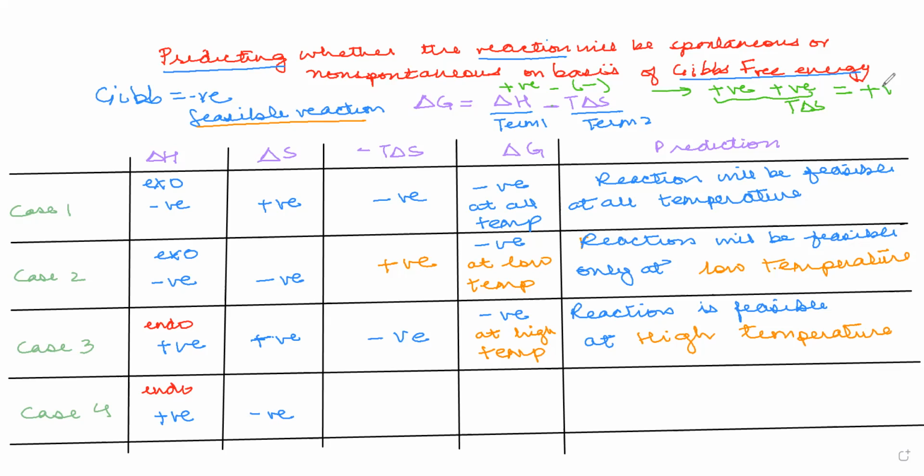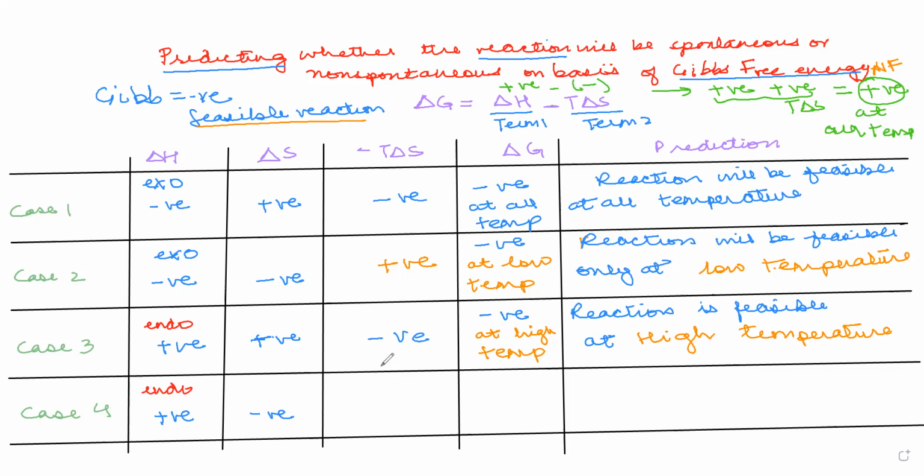Okay, so it's going to be a positive value at all temperatures, no matter it's a high temperature or a low temperature. Your Gibbs will be a positive value in every condition. If Gibbs is a positive value in every condition, then basically your reaction is non-feasible, right? So whether you have a high temperature or a low temperature, your Gibbs value will be positive, which you will predict as a non-spontaneous, non-feasible reaction.